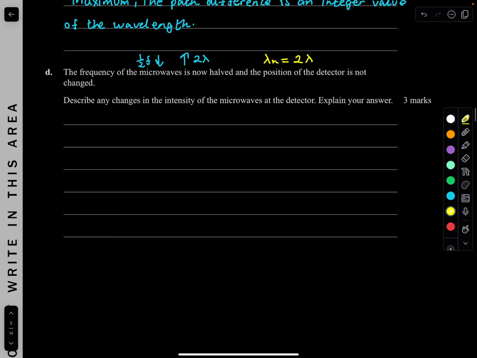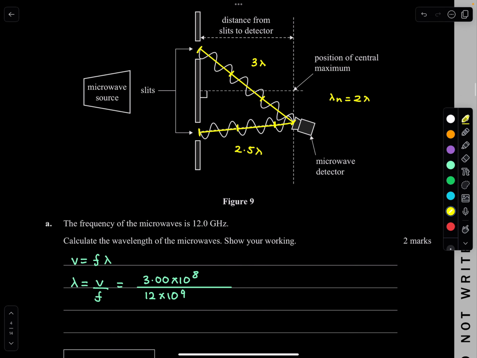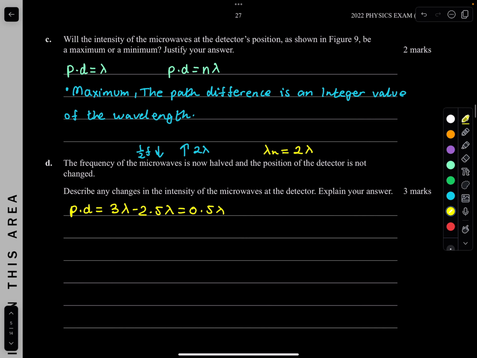PD is 3 lambda minus 2.5 lambda, which gives us 0.5 lambda or wavelength. Because the path difference is not anymore an integer value of the wavelength, this tells us that destructive interference happens, and guess what? It's a minimum now.